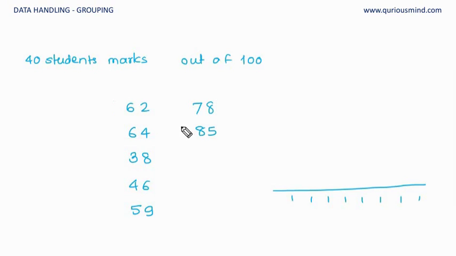In such cases, if I collect this data in ranges, for example, those who scored marks from 10 to 20, 20 to 30, then I will have only 10 ranges because the maximum marks are 100, and I will have only 10 bars, and that makes the bar graph more readable, more useful, and more practical. This way of organizing the data is called grouping.